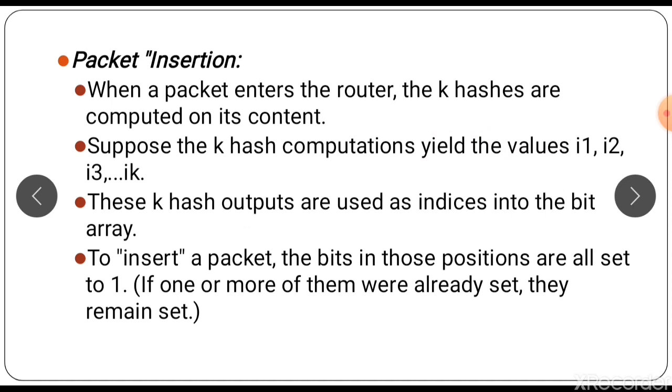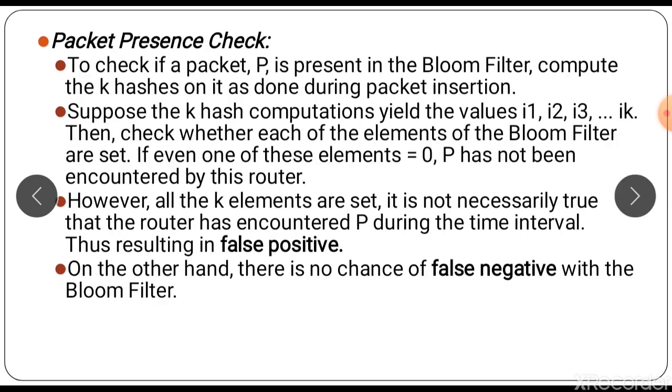These k hash outputs are used as indices into the bit array. To insert a packet, bits in these positions are set to 1. If one or more of them are already set, they will remain unchanged. Here neither the packet itself nor the computed hash is stored. Instead, only the relevant bits are set.